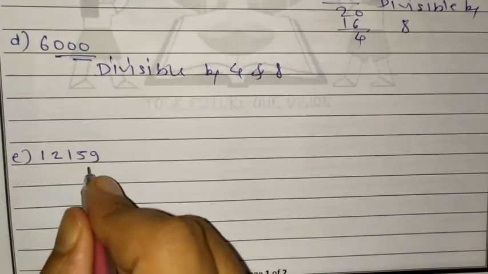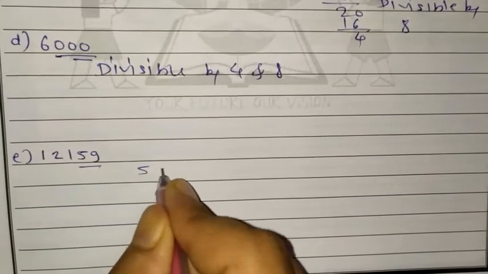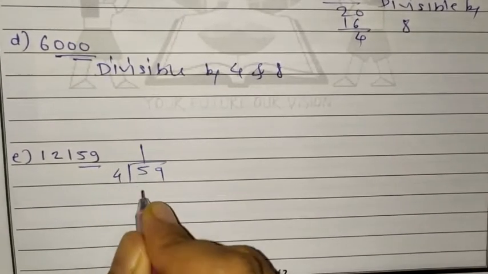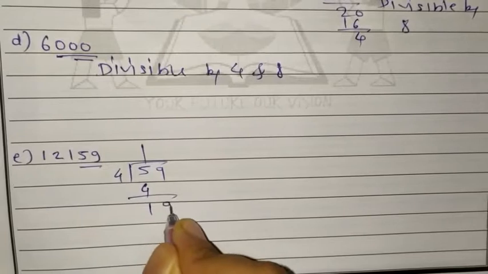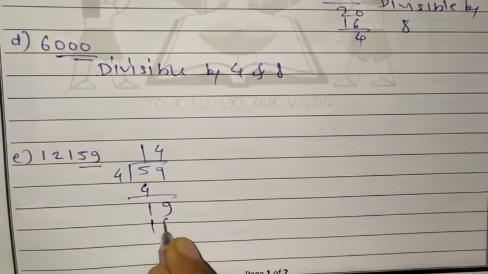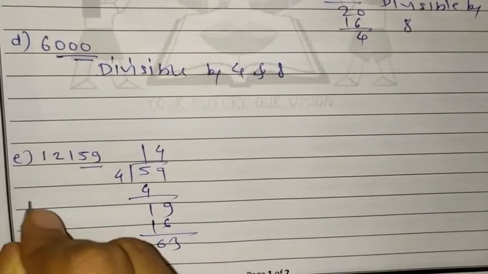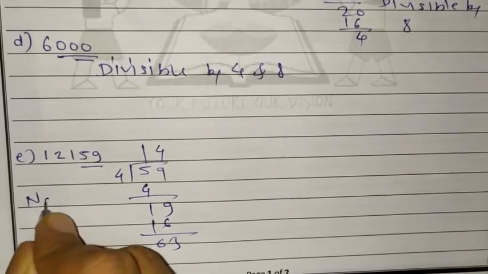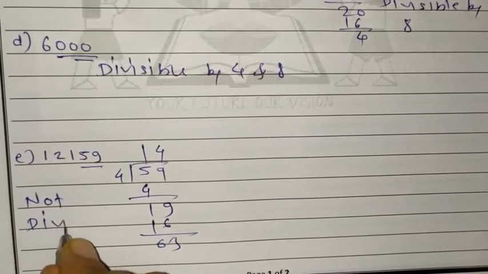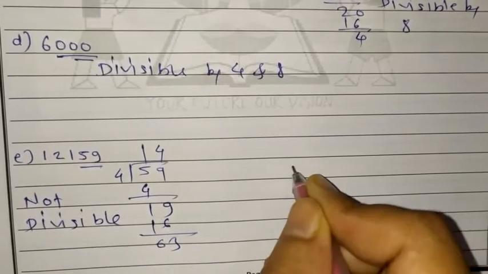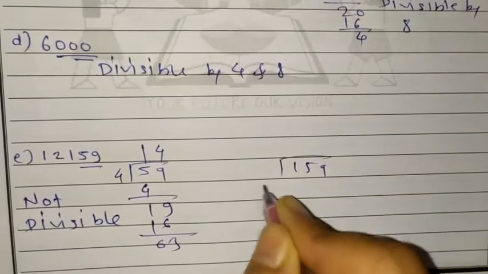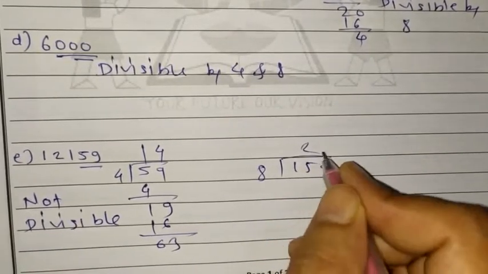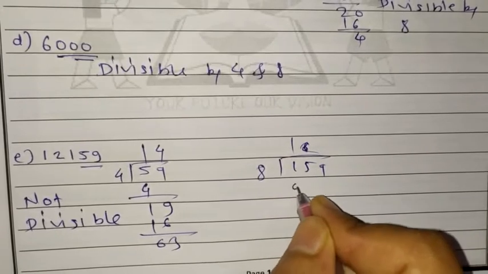Question number E, you have to check again the last two digits, 59. 4 ones are 4, the remainder will be 19. 4 4s are 16, the remainder will be 3. So it is not divisible. Now the last 3 digits, divide by 8. 8 ones are 8.